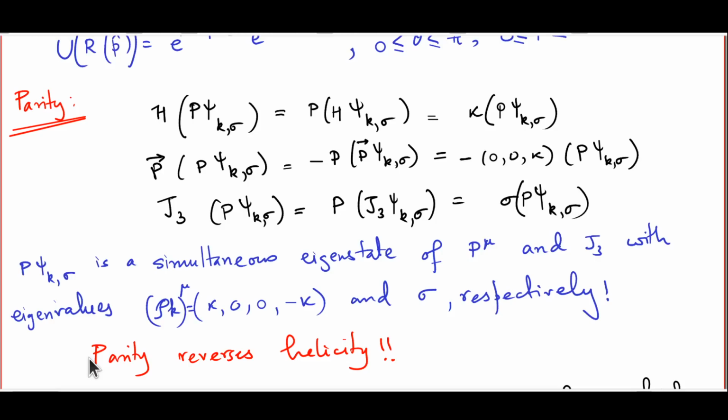This led us to the conclusion that if parity is a good symmetry for a particular system, then what we should do is regard these two states with sigma values of plus sigma and minus sigma as two states of the same particle rather than as two different particles, despite the fact that none of the continuous Lorentz transformations actually changes the helicity of plus sigma to minus sigma.